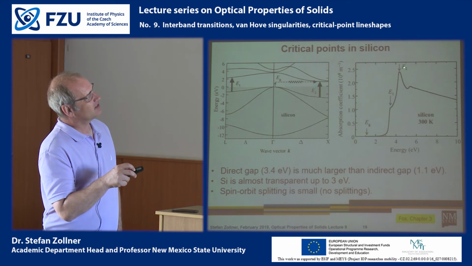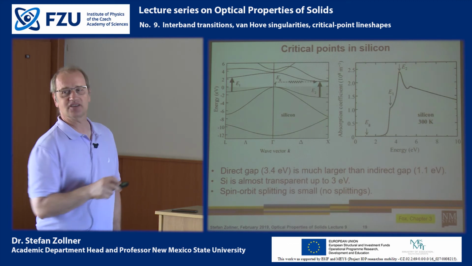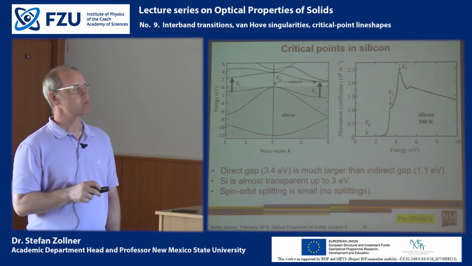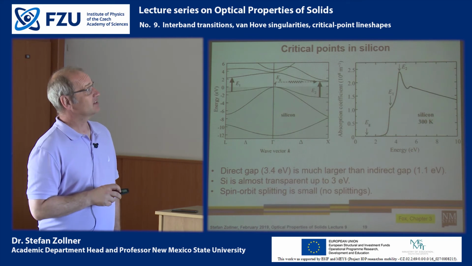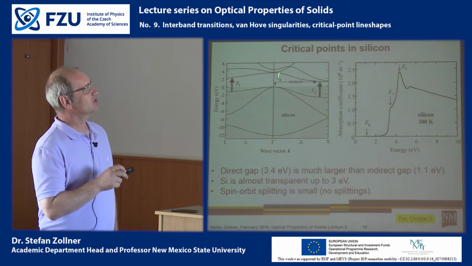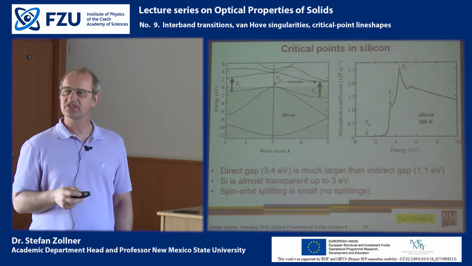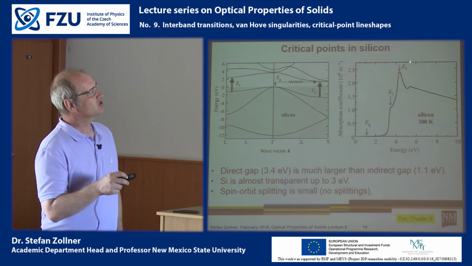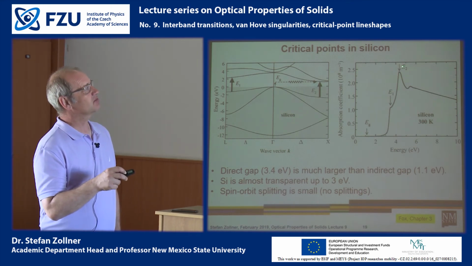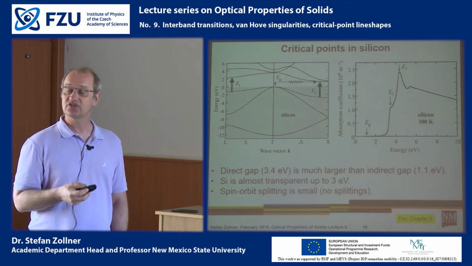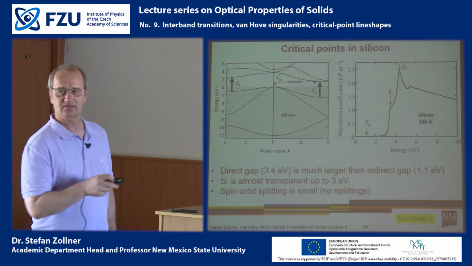However, as you can clearly see, there is a maximum in the absorption coefficient. And that has to do with the band structure and with the matrix elements. Here, the maximum is so large because the Van Hove singularity is so strong.